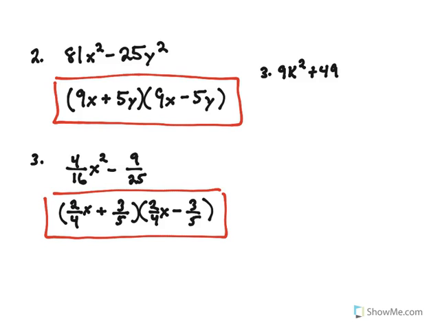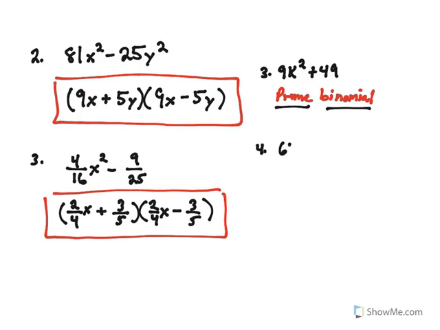Okay, so this is called a prime binomial. Had that plus sign been a negative, then we can proceed. Therefore we can't factor it. All right, so be careful with that. It only works with the difference, not the sum.